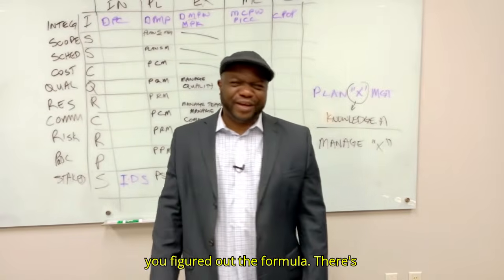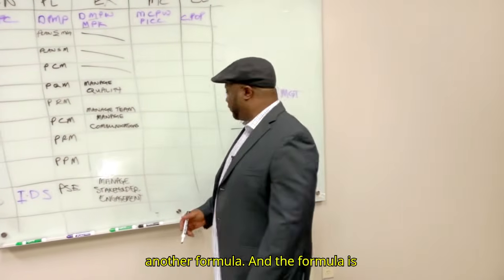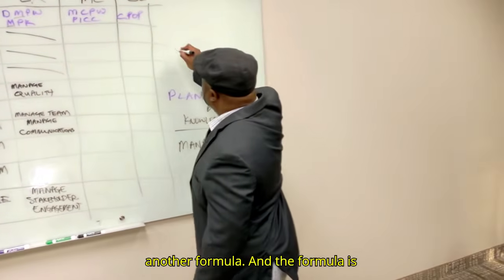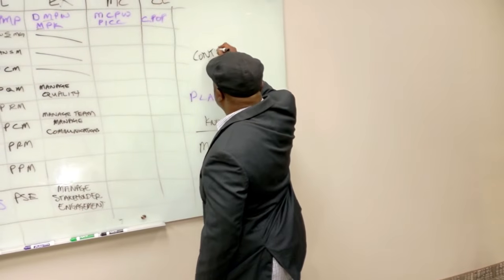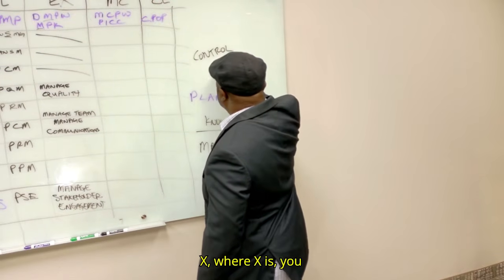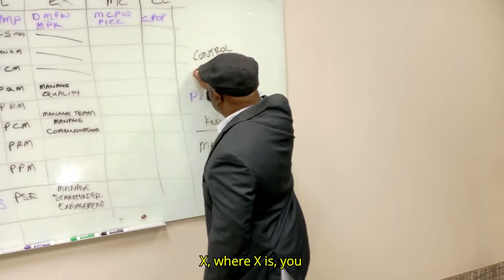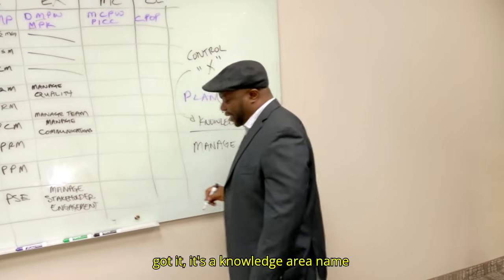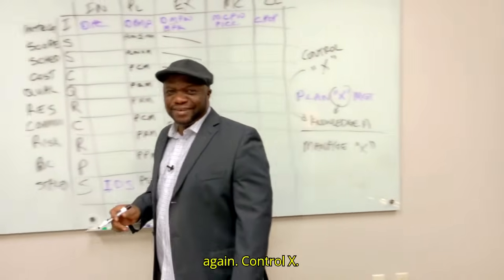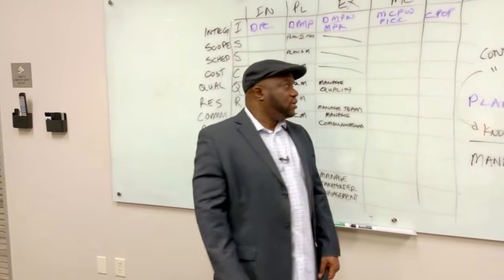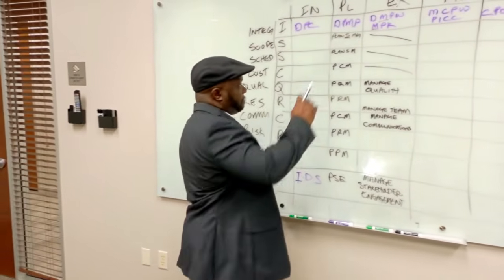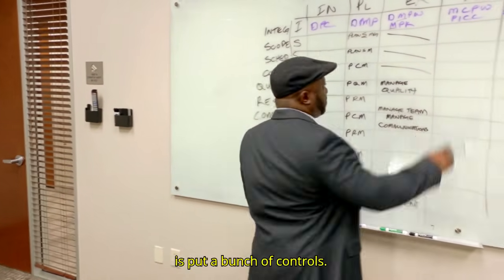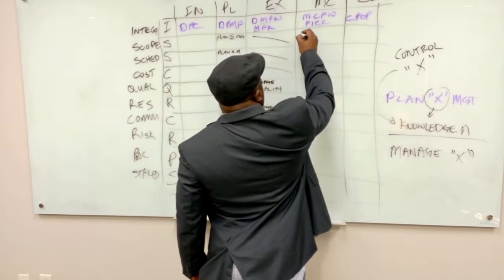And I'm sure you figured out the formula. There's another formula. And the formula is control X, where X is, you got it, a knowledge area name again.